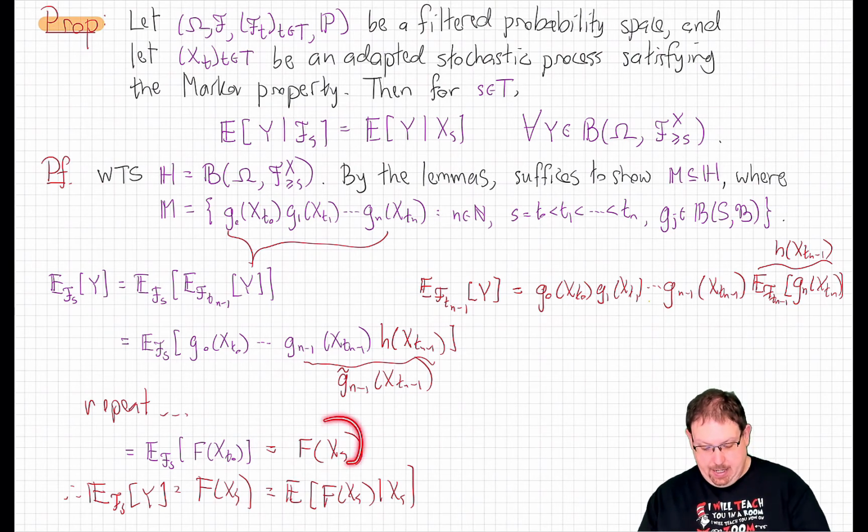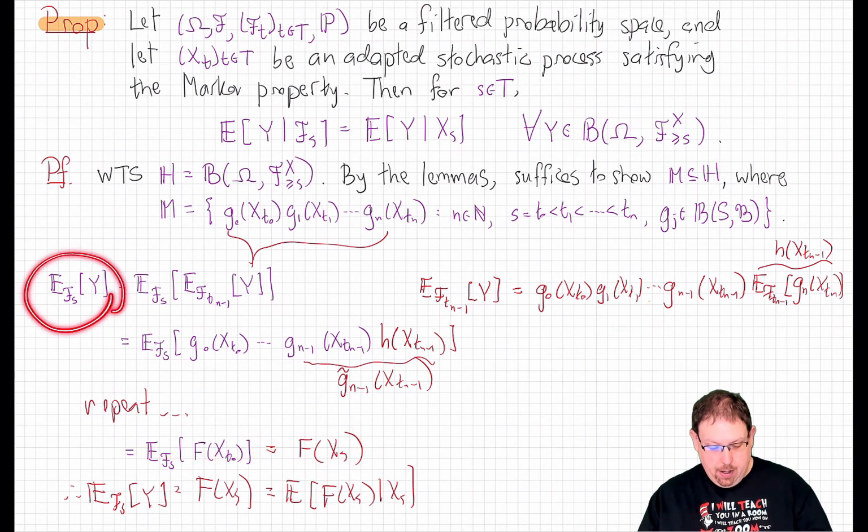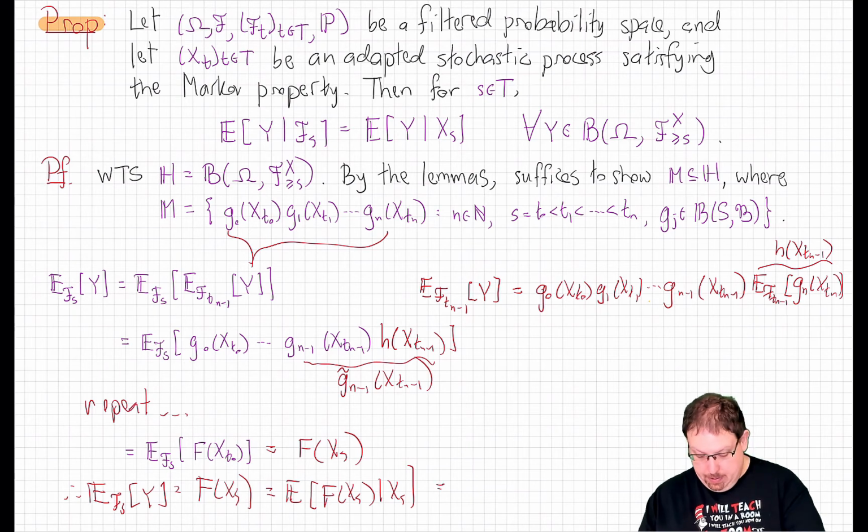But f of X_s is, back through this chain of equalities, conditioning Y on the sigma field at time s, and the sigma field at time s contains the sigma field generated by X_s, and so by the tower property, this will be the conditional expectation of Y given X_s.